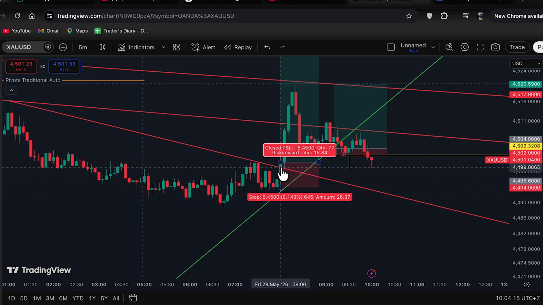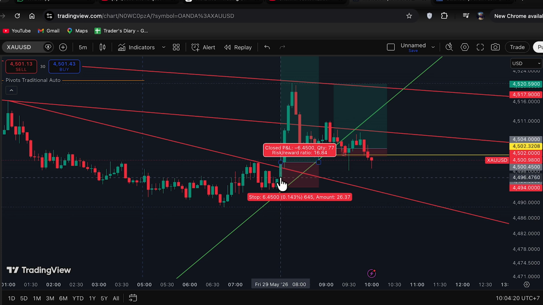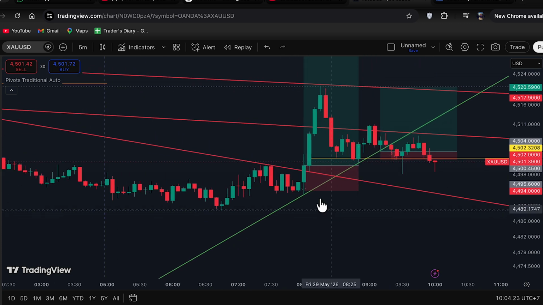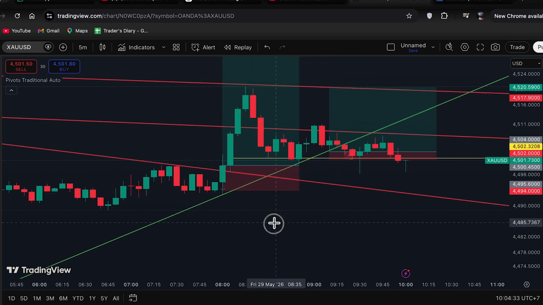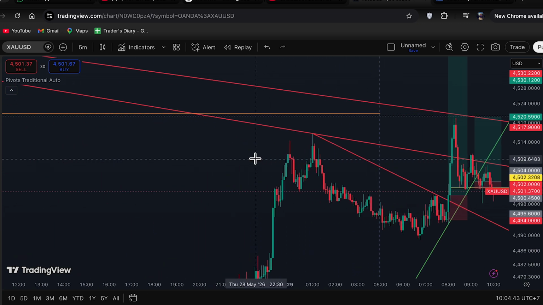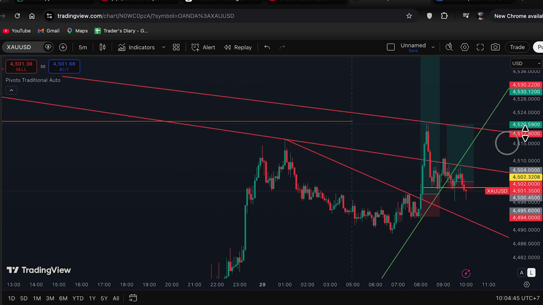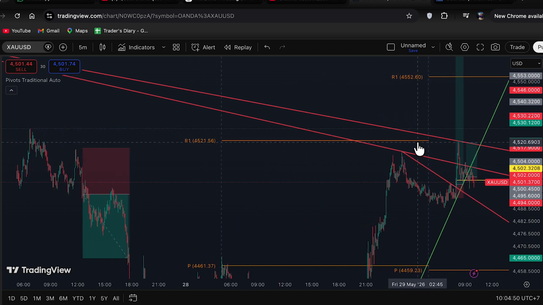So this green candle right here broke the red descending trend line, broke above and closed above. So that was my entry signal, as you can see here. And indeed the price went up, but unfortunately it bounced back.